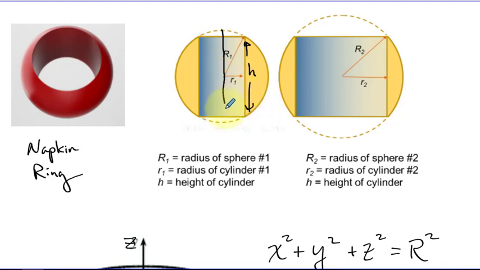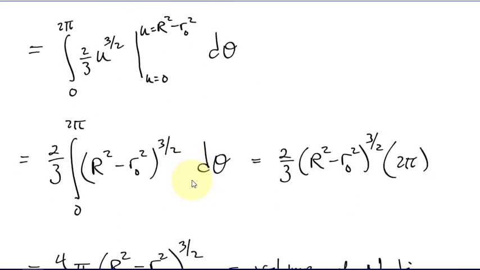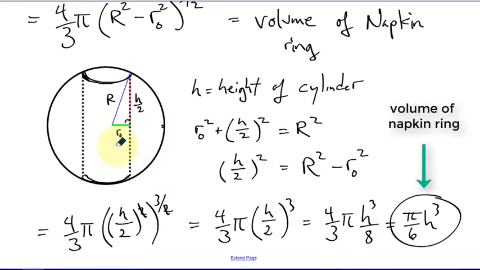The diameter is different than this height, and so it depends on that actual height, which we figured out based on these radii. The radius of the sphere and the radius of the cylinder determine this h value, and so it's the h value alone that could tell you that volume.